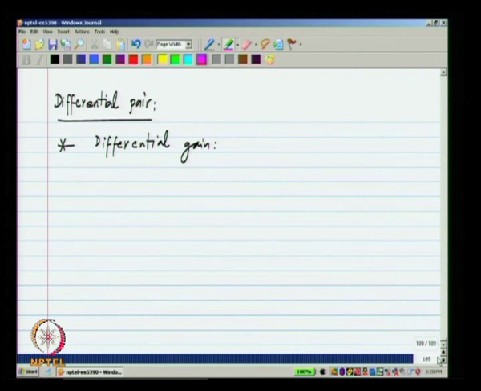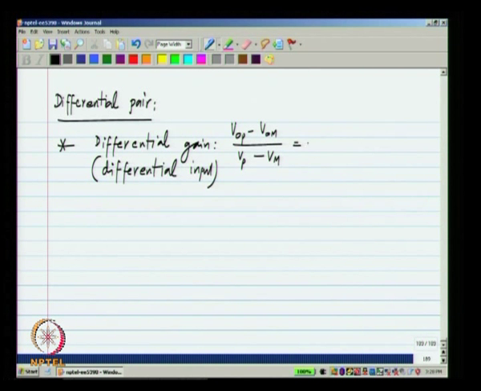Okay. When I apply a differential input only, I look at the difference between the two output voltages and divide it by the difference between the input voltages, this is the gain.